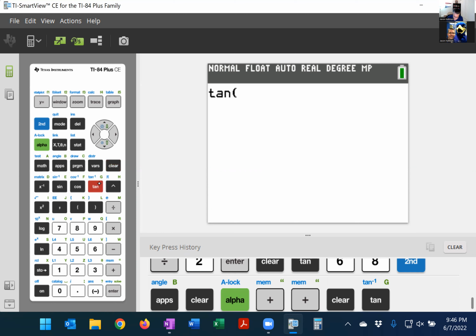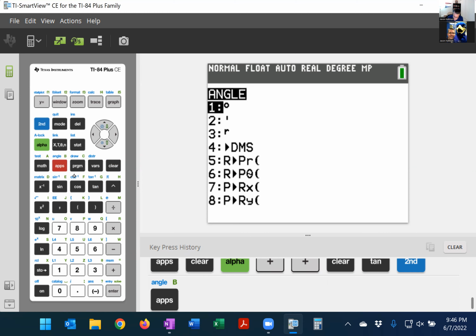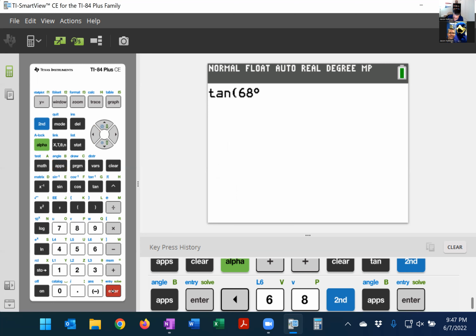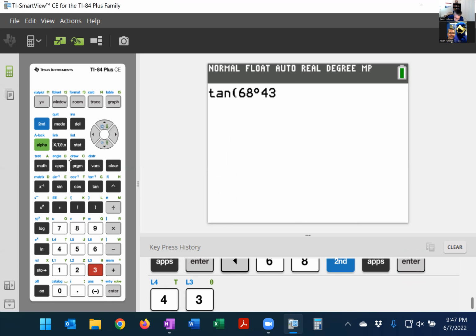But anyway, let's go back to tangent, and then the second angle key. I want to put in my angle first. That's 68 degrees, and 1 is degrees. And then we have 43 minutes.